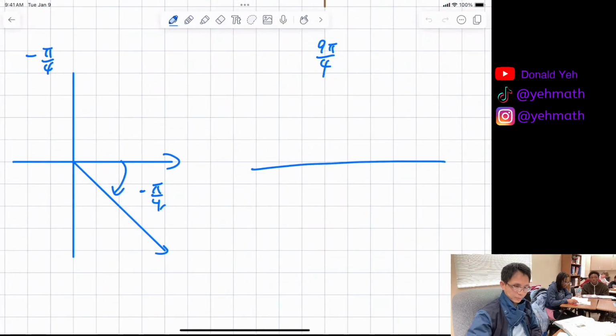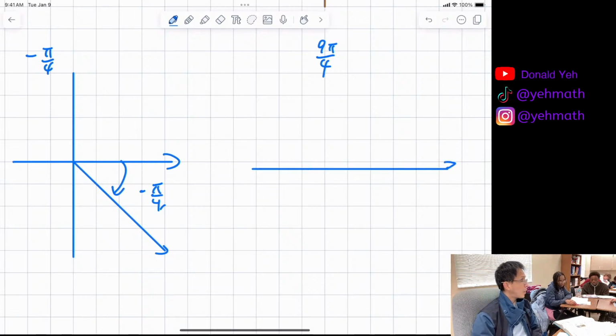So, which quadrant is your angle, Emerson? Third. Okay. Cohen, which quadrant is yours? Where's your terminal side?